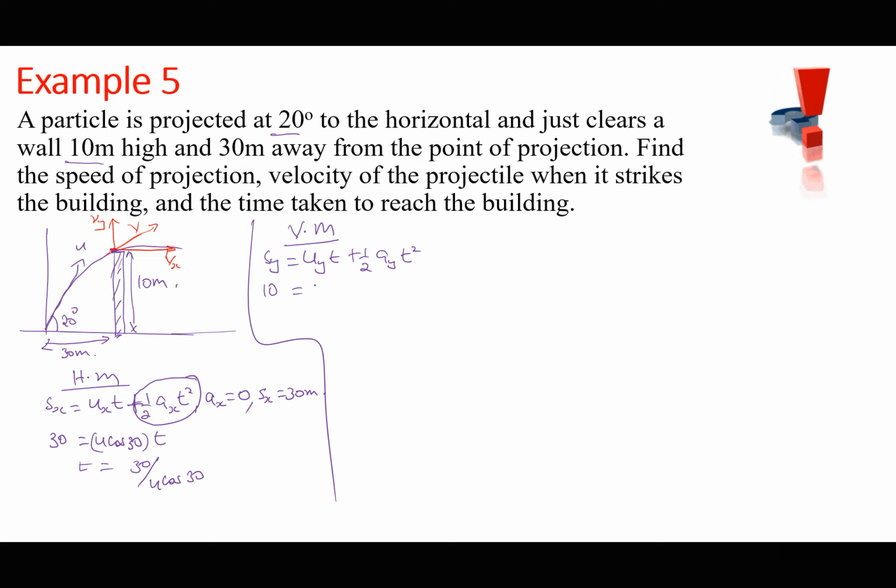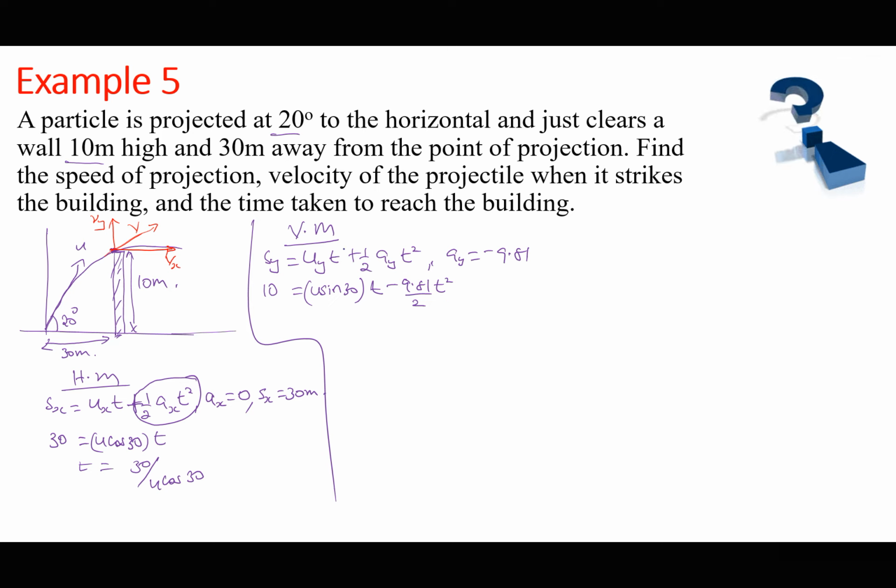Initial velocity in the vertical, resolving u to the vertical, will be u sine of 20. Of course, time is the same, it is a scalar quantity. Then the acceleration in the vertical is going to be negative 9.81, so this will be minus 9.81 t squared divided by 2.